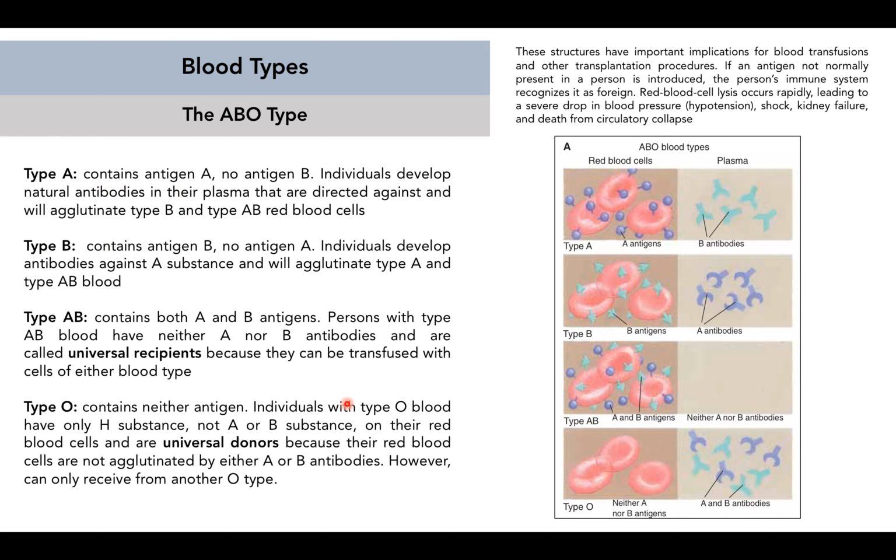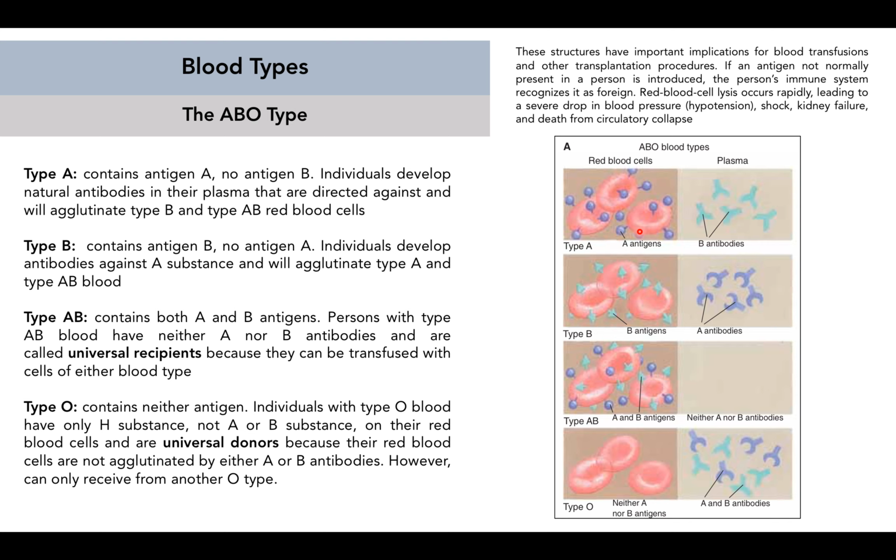Now, the reason why the ABO typing system is very important is because this is what is used mostly for blood transfusion. When we talk about antigens, there's usually antibodies. Now, when someone is a type A phenotype, that means their red blood cells have the type A antigens.